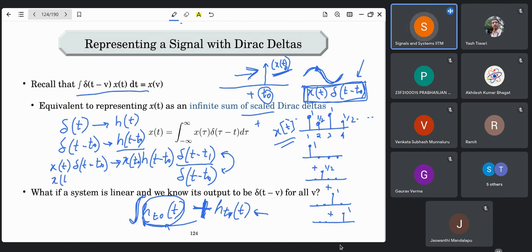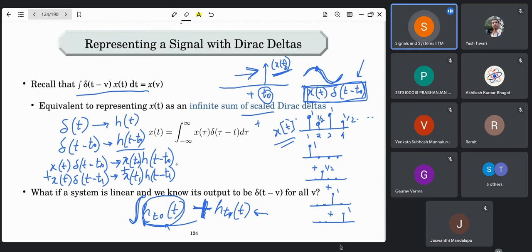Now, what if I want to add these two? This is the superposition property. If you want to add these two, these get added up. I don't have a good writing pad here, so this is going to look very ugly. So this also gets added up. Here we have added only two signals. Now what if we change this T0 and T1 infinitely from minus infinity to plus infinity?